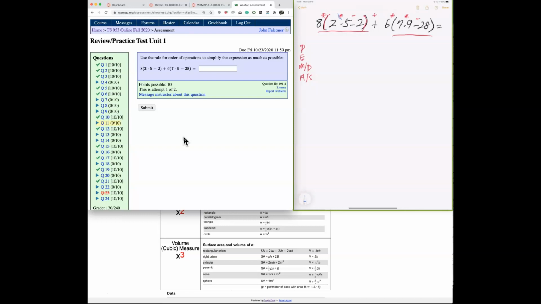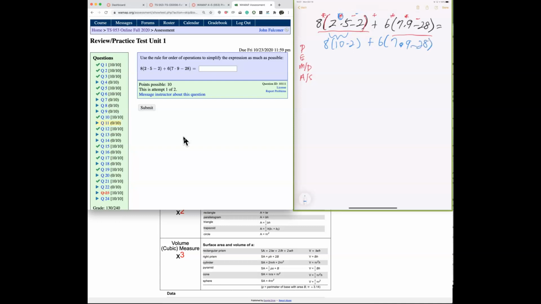So that tells us we're going to start with the multiplication right here. Multiplication first, and then this will be second. So I'm going to just evaluate 10 minus 2 and put it back in parentheses with the 8 there, plus 6 times (7 times 9 minus 28).